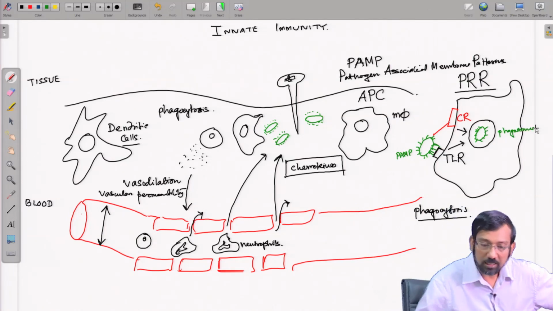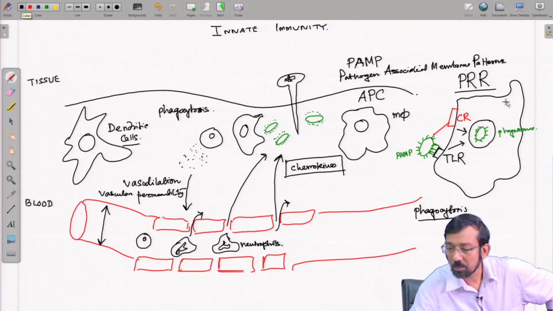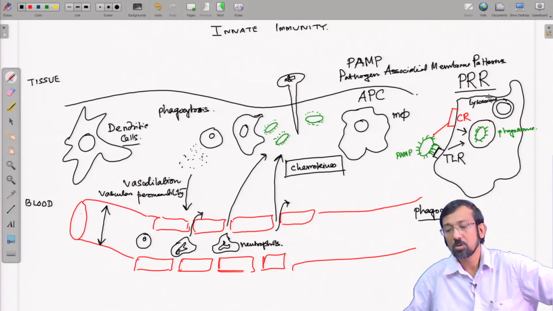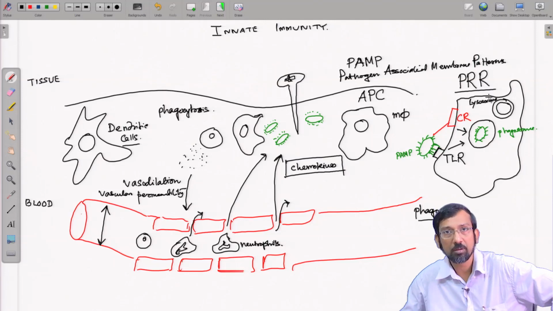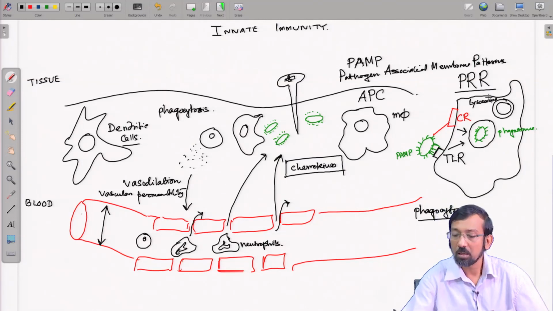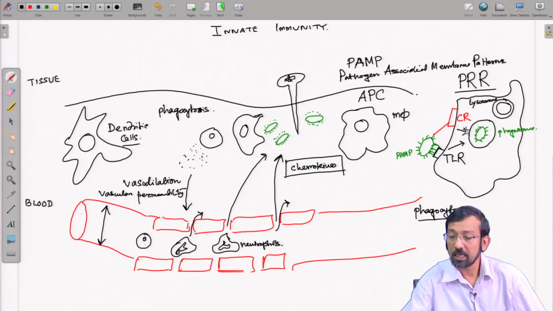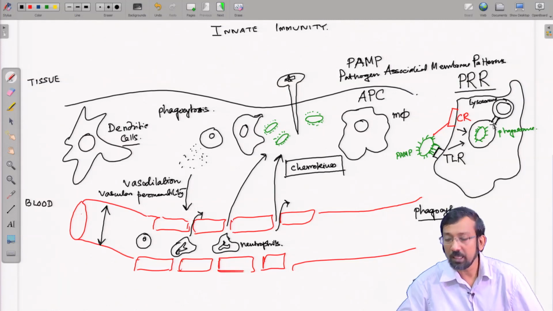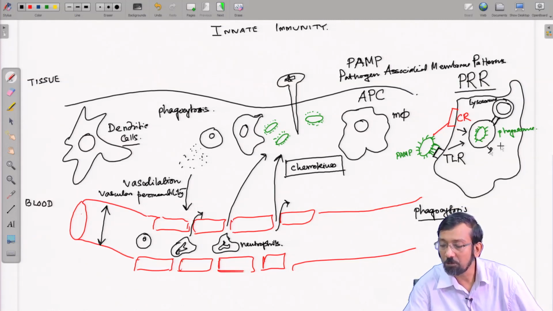And then inside the cell there are acidic compartments which are known as the lysosomes. The next event that occurs immediately after this cell eating is a fusion between this phagosome and the lysosome, leading to the formation of a phagolysosome.